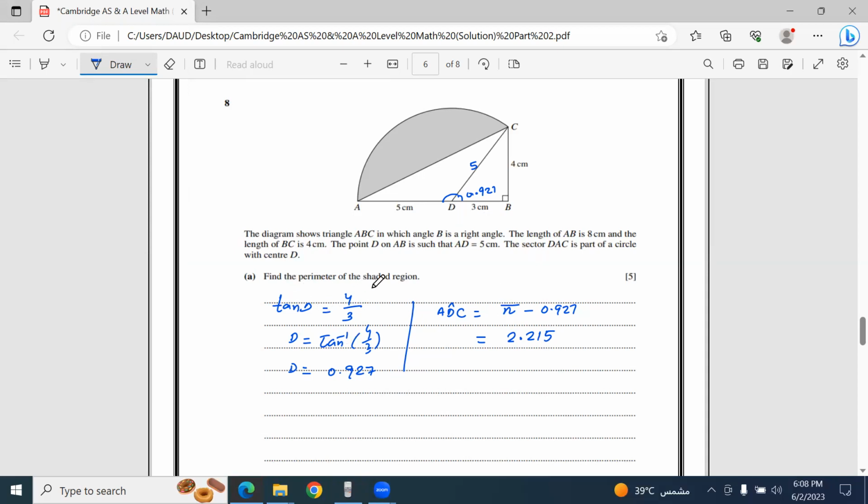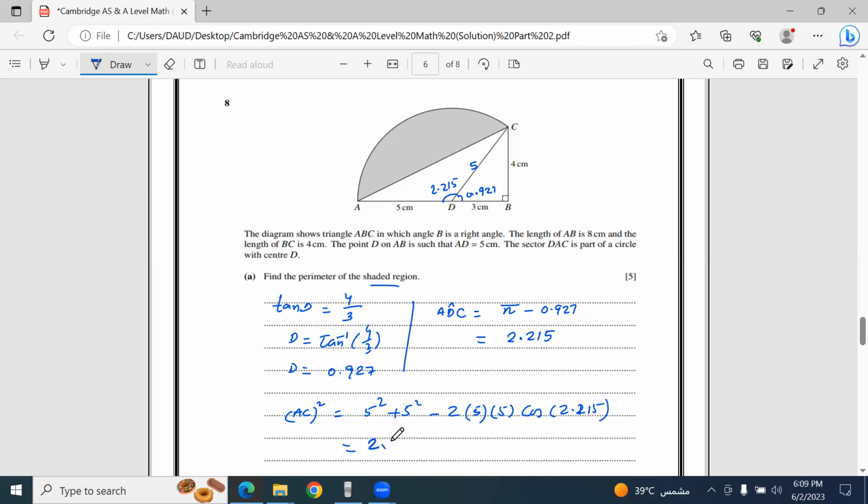And look, we are looking for the perimeter of the shaded region, so we need AC. For AC, I can apply the cosine rule, since we know two sides and the included angle, 2.215. So AC squared is equal to 5 squared plus 5 squared minus 2 times 5 times 5 cos of 2.215 radians.